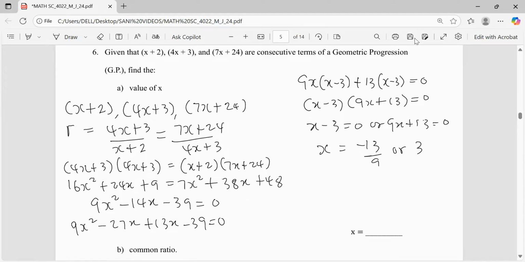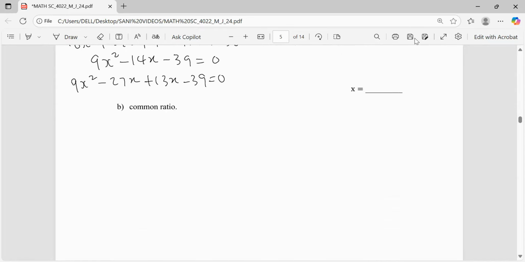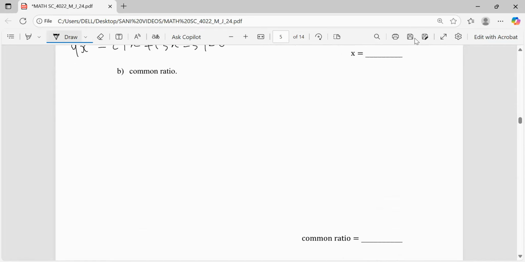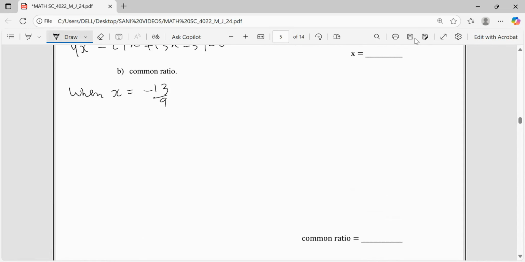Then the B part says find the common ratio. So when x equals minus 13 over 9, let us find the common ratio R, which is 4x plus 3 divided by x plus 2.